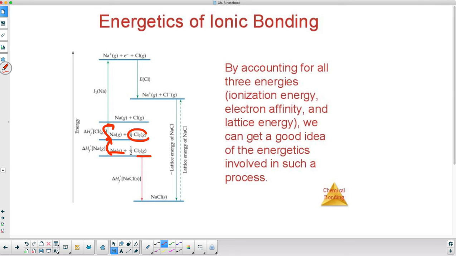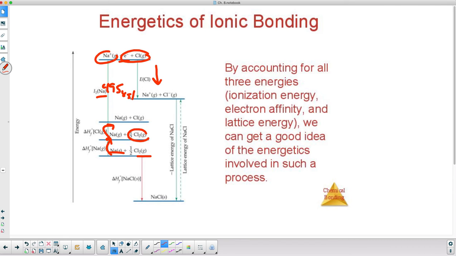And then we do our first ionization energy for sodium here. That's what this is. This would be the 495 kilojoules per mole that we talked about before. That gets us to sodium with a plus 1 charge and 1 electron, and then chlorine gas. Then we have the electron affinity for chlorine, which combines these two and puts us down here.